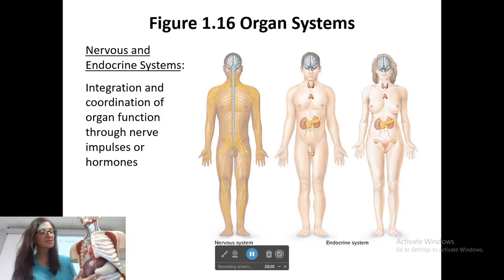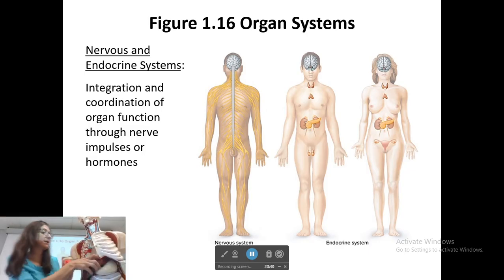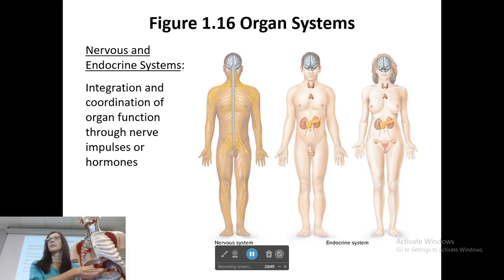So you look for the stomach here. There's a large intestine. The pancreas is going to be at the bottom of the stomach, right here. Okay, so that's the pancreas.